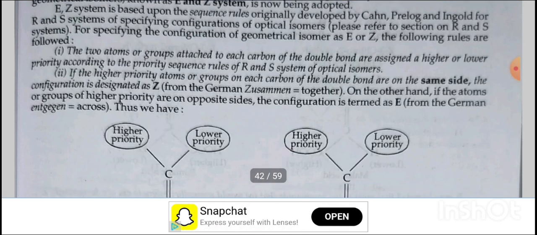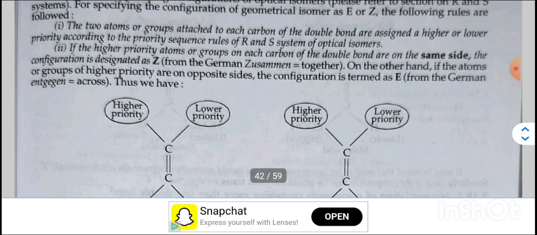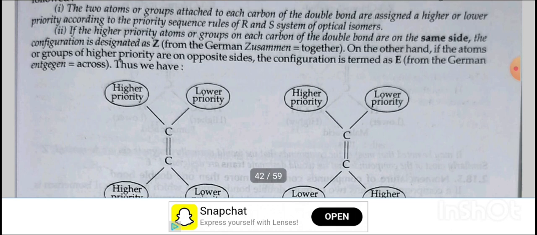The two atoms or groups attached to each carbon atom of the double bond are assigned a higher or lower priority according to the priority sequence rules of the R and S system of optical isomers. If the higher priority atoms or groups on each carbon of the double bond are on the same side, the configuration is designated as Z, from the German word zusammen, meaning together. On the other hand, if the atoms or groups of higher priority are on opposite sides, the configuration is termed as E, from entgegen, meaning across.